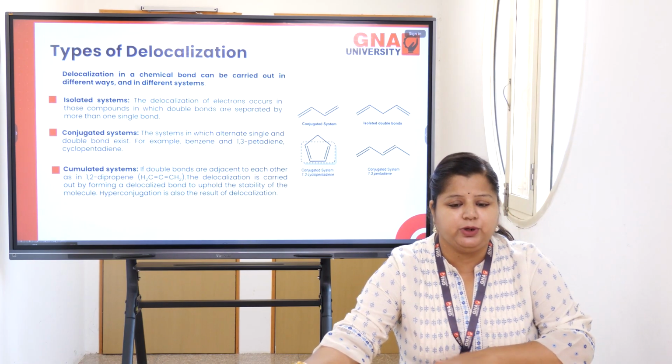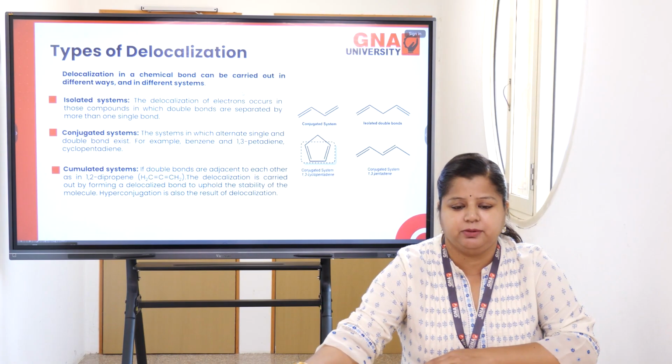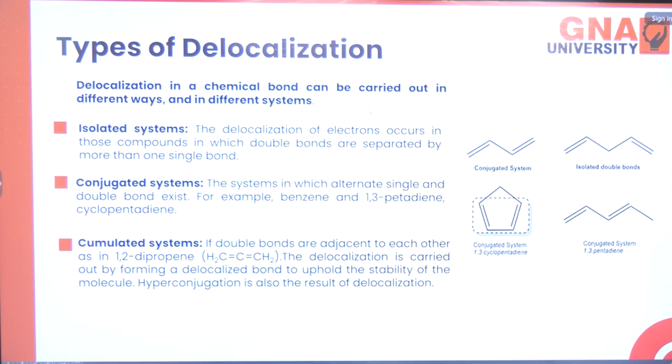Now, delocalization in a chemical bond can occur in different ways and in different systems. We can have 3 types of systems: one is the isolated system, second is conjugated, and third is cumulative. So what is an isolated system?